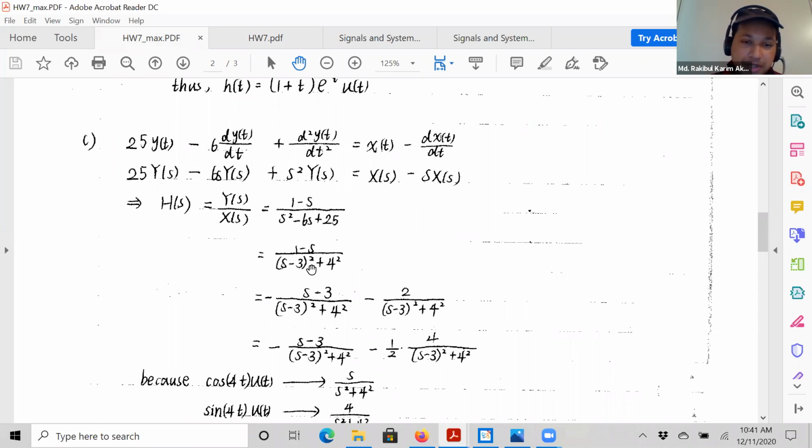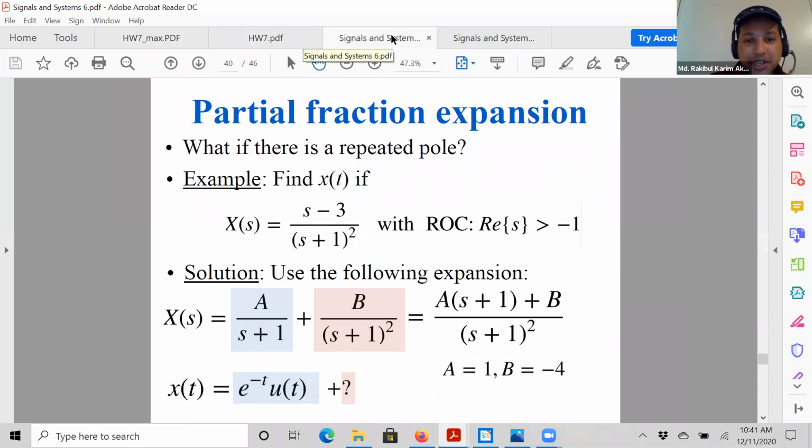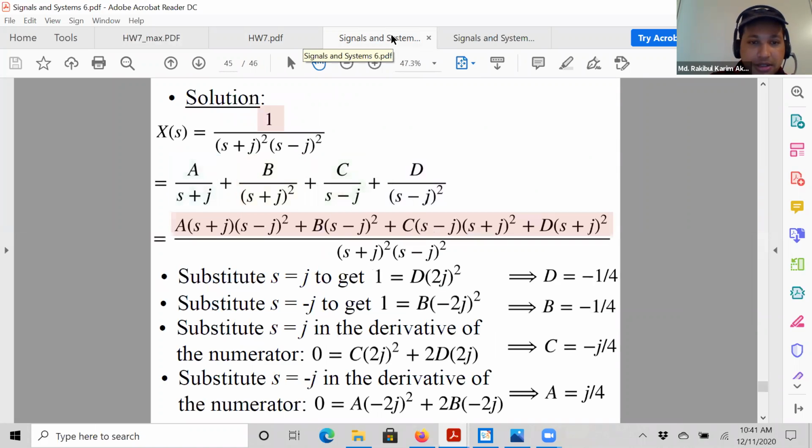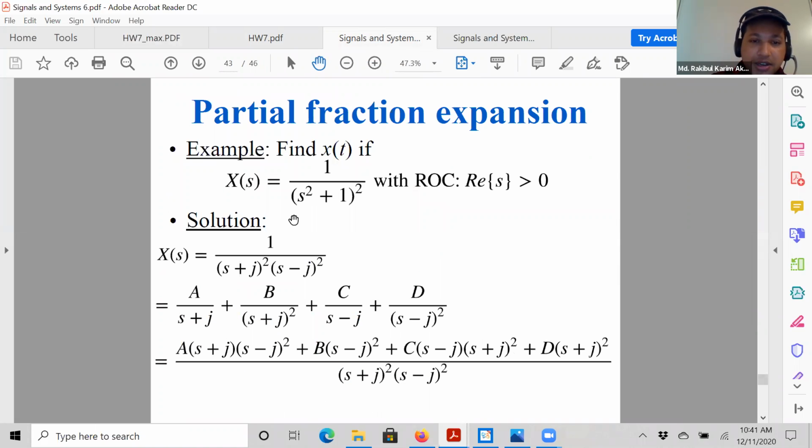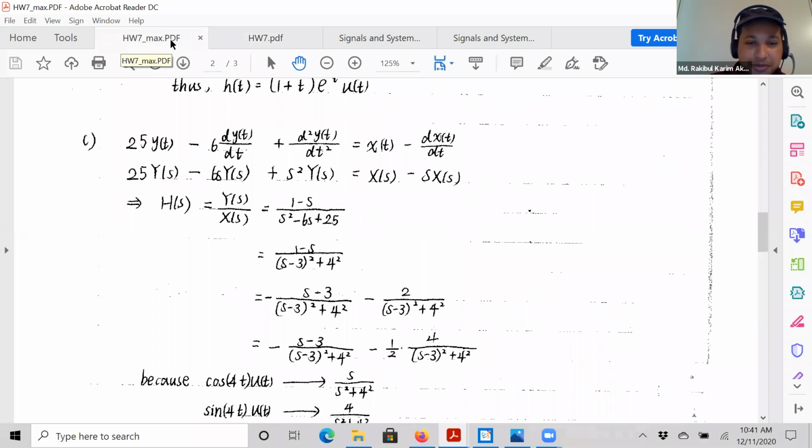Now here you can do it the hard way, like there was an example at the very end, with a lot of complication, or you can use some property. So what is the property we are trying to use here?